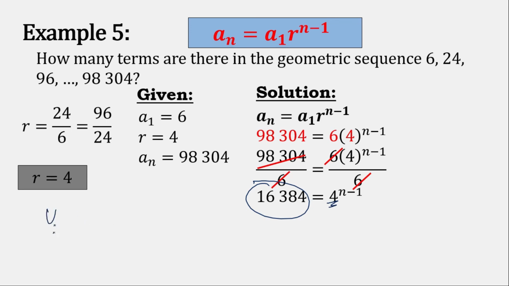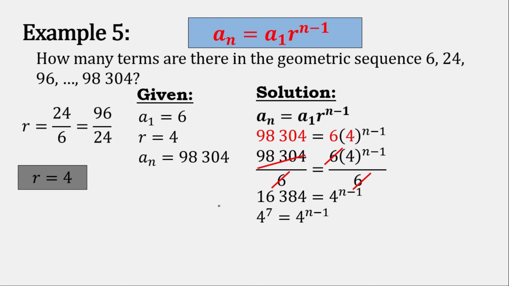So think of a number, or you have to do trial and error on what number should be the exponent of 4 in order for us to get 16,384. So I already know the answer here. By trial and error, you could say that 4 raised to 7 is equal to 16,384.